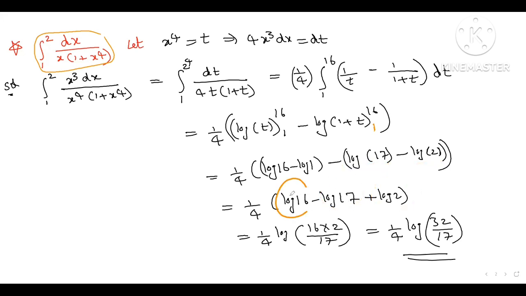We have log 16 plus log 2; log A plus log B is log AB, and here minus log 17. So log of 16 into 2, and log A minus log B is log A by B. Log 16 plus log 2 is log 32 by 17. What we get here is 1 by 4 times log 32 by 17.